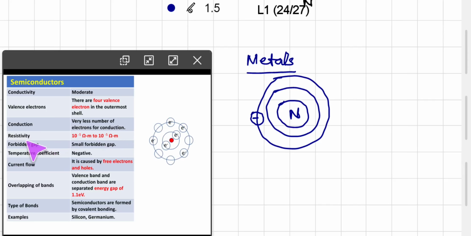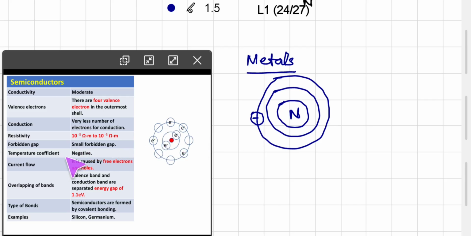Now its resistivity, remember, is greater than that of a good conductor. That means it does not have infinite resistance as an insulator, and it does not have very low resistance as in the case of a conductor.